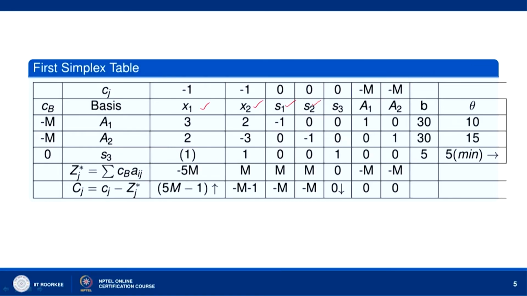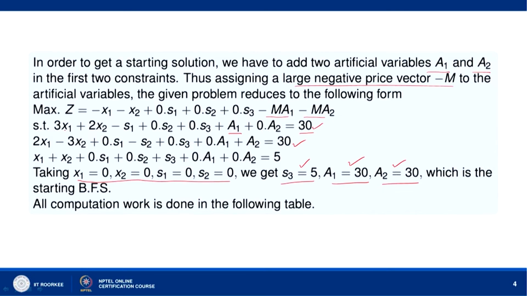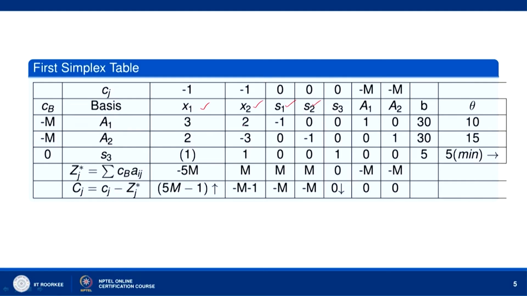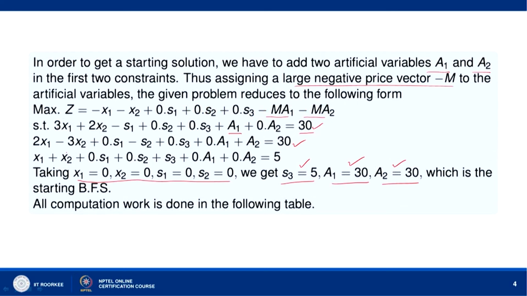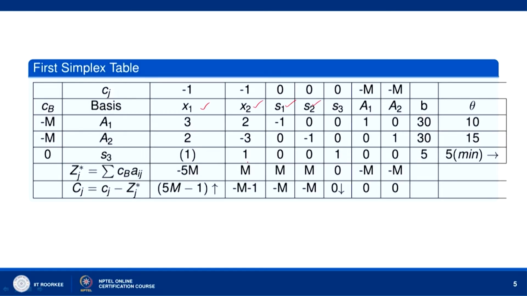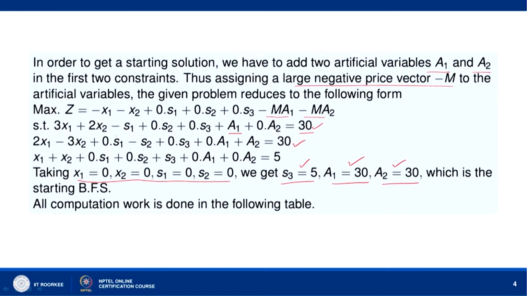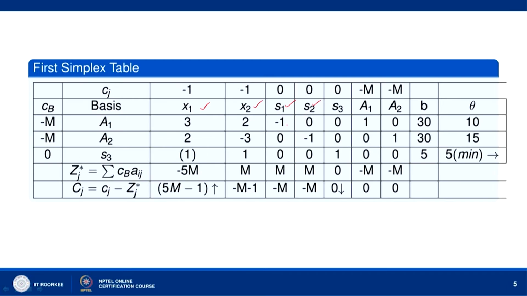Now, in the initial simplex table, the x1 column contains the coefficients of x1. So, the coefficients of x1 are 3, 2, 1. Coefficients of x2 are 2, -3, 1. Coefficients of s1 are -1, 0, 0. Coefficients of s2 are 0, -1, 0.